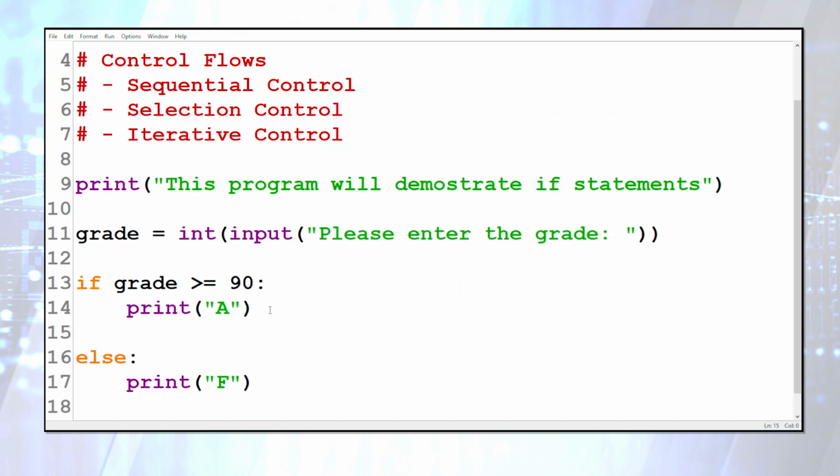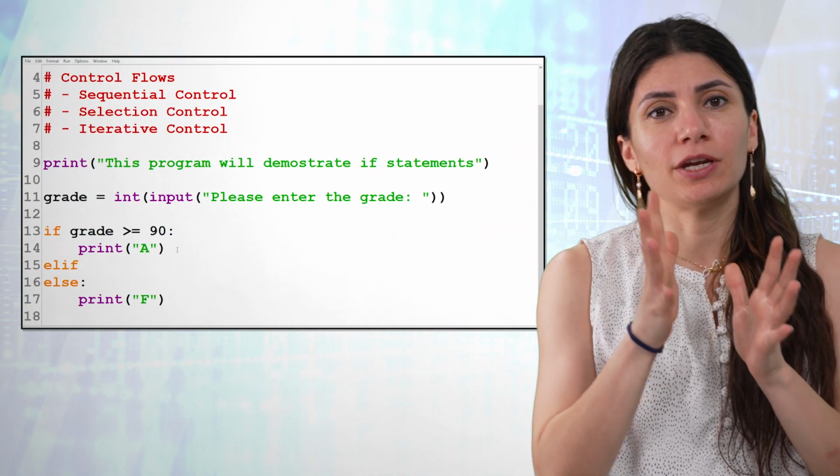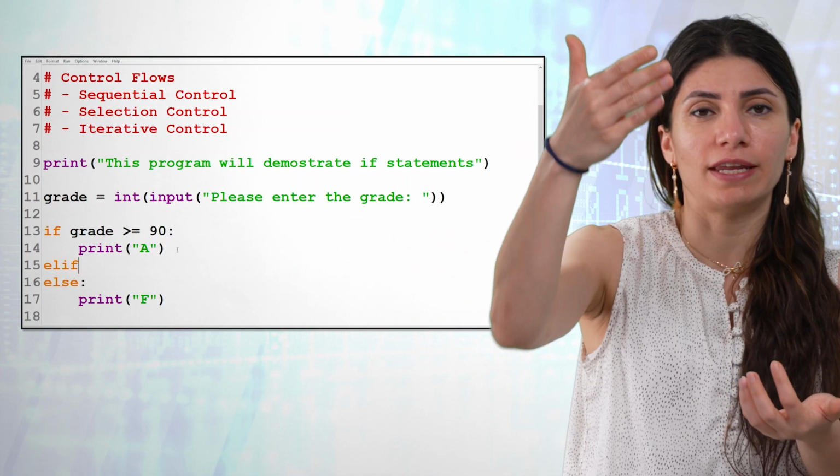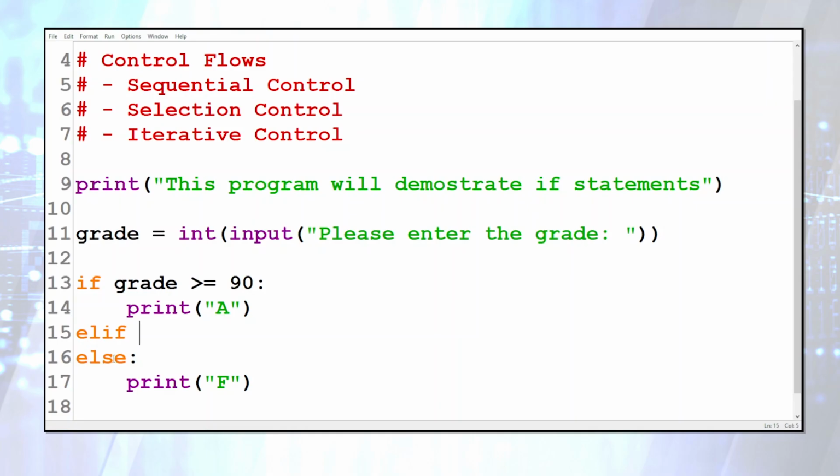And then between if and else, you can have elifs, right? You can have as many elifs as you want. With elifs, which is a combination of the else for that if, you need to have a condition. The only one that doesn't need to have a condition is your else. Anything else that has the keyword if in it must have a condition.